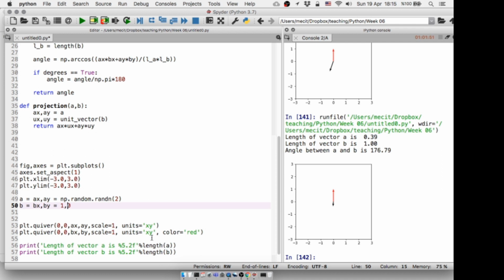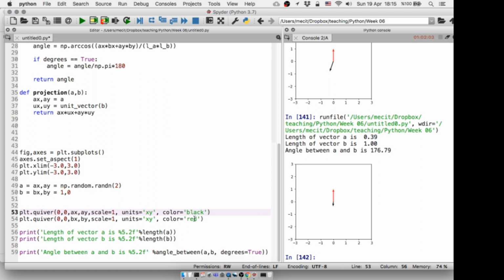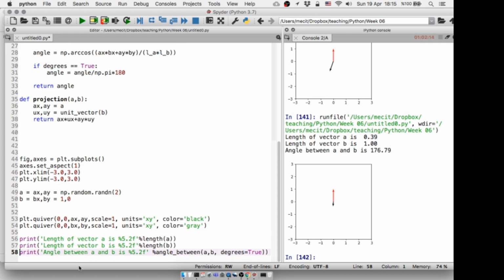So I have my A vector color. Let's make that color black explicitly. And the unit vector, let's make it gray. Printing the length and the angle, I can still do that. So let's first see these two vectors. This is my A vector and this is the unit vector along the x-axis.